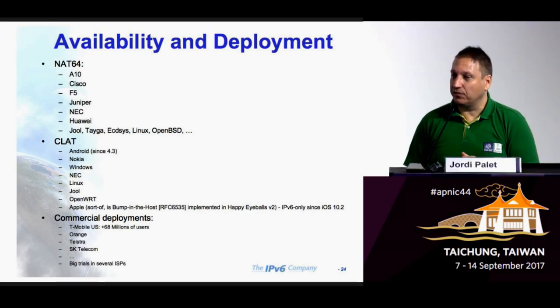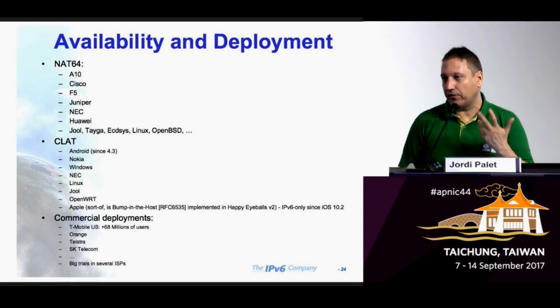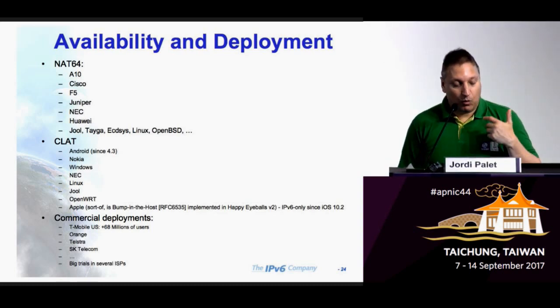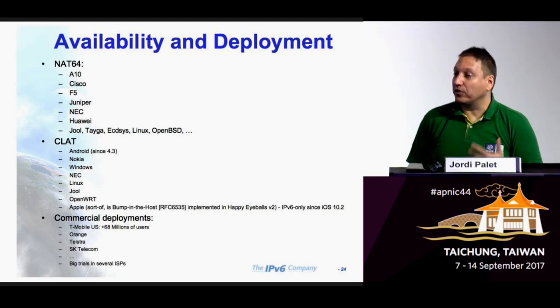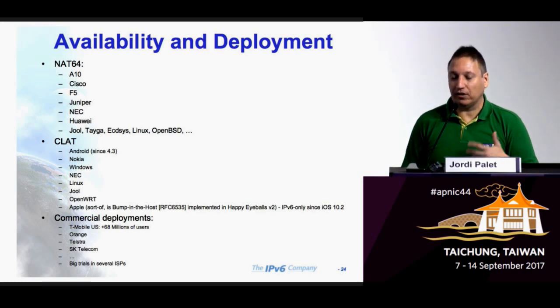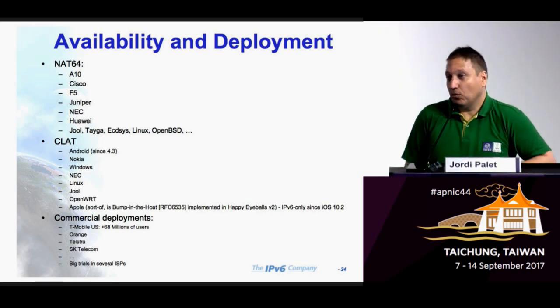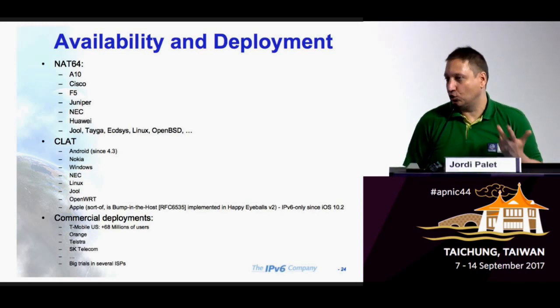In terms of NAT64, there are major providers like Cisco, Juniper, F5, A10, Huawei, NEC, and there are also open source tools. Okay, so you can have your own NAT64 box by having, for example, Ubuntu with an open source tool, which is Jool.